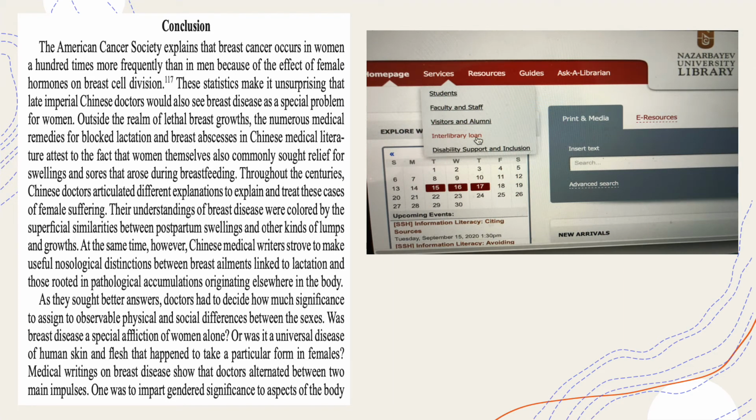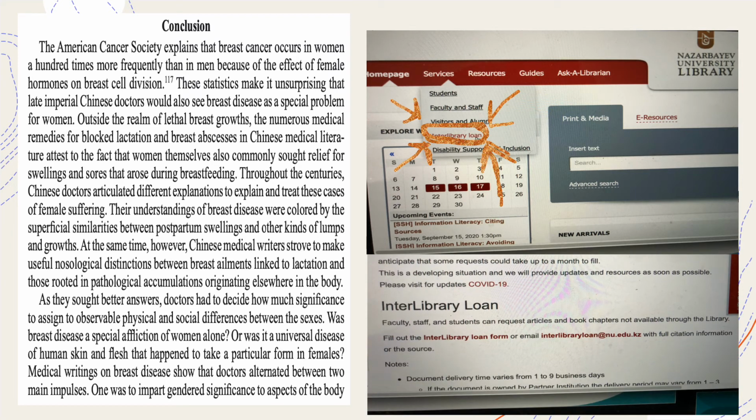Also, sometimes it may not be possible to pull up an electronic version of the article just from Google Scholar. In those cases, my suggestion would be to go to our library website and specifically click on the interlibrary loan link, which is under the Services tab, and which takes you to this form that you can fill out, which will basically send out a request to libraries all around the world for that article or book chapter or whatever it is.